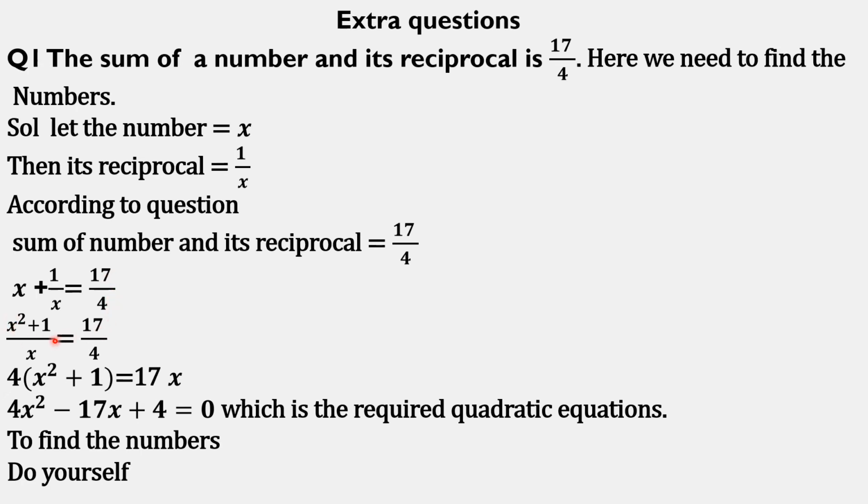Now on taking LCM we get x square plus 1 upon x equals to 17 upon 4. On cross multiplication and solving we get the equation 4x square minus 17x plus 4 equals to 0, which is the required quadratic equation. Here to find the numbers, please do it yourself. Try the middle term splitting method for getting the numbers.